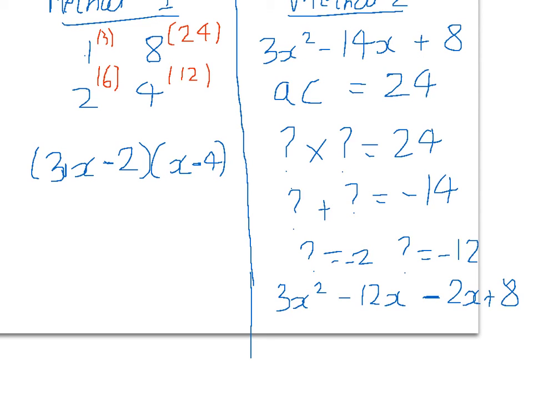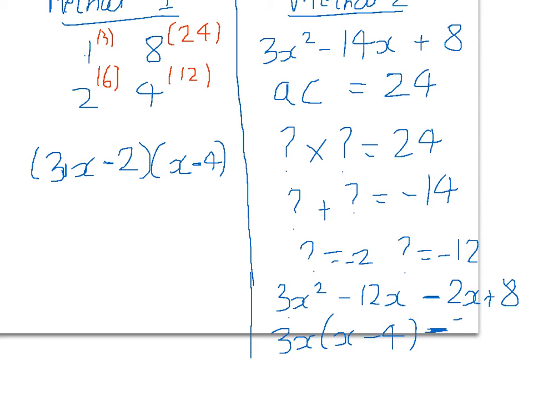Now, what you're going to do is you're going to factorise this first part, and you're going to factorise this second part. And what you should notice is there's a common factor in both. So, if you factorise this first bit, you can take 3x out of both parts, so you're left with x minus 4. And if you do the same for the second part, this time we're going to take minus 2 out as a common factor.